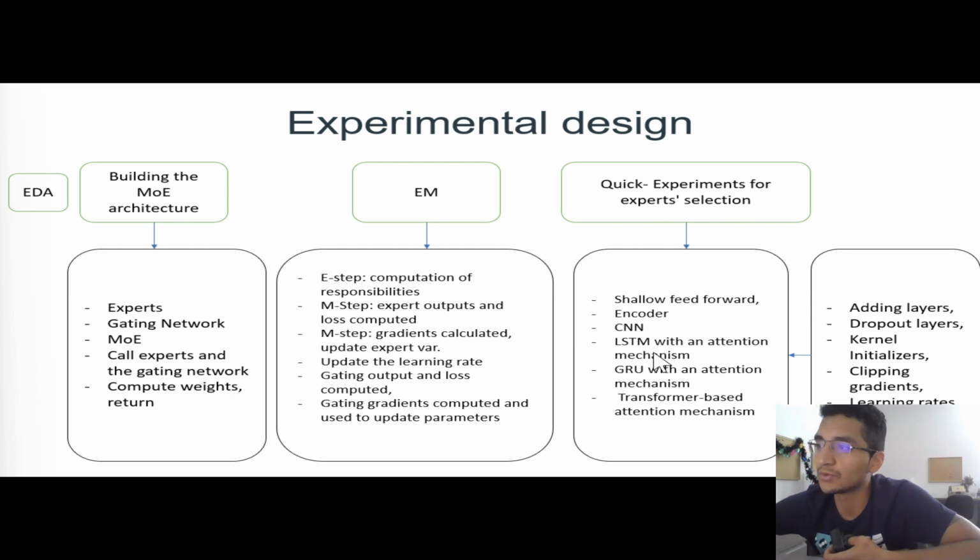That was a long short-term memory with an attention mechanism, the same but using a GRU instead of the long short-term memory, and the last one is a transformer-based attention mechanism that has a multi-head component that becomes convenient for processing multiple parallel tasks. All those three have something in common: they are pretty good at keeping information in long-term dependencies. So that's a common characteristic.